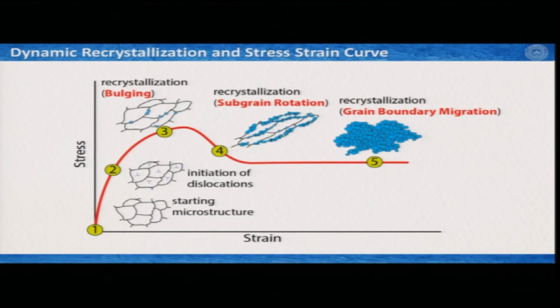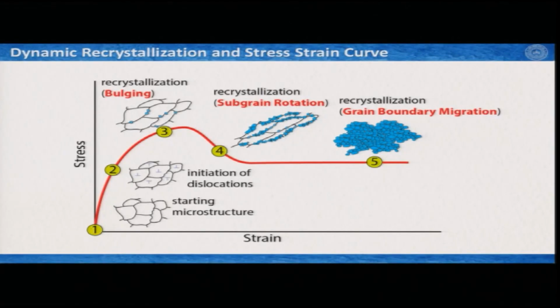With respect to the stress strain curve, we have seen this illustration before. You have your starting microstructure, you start deforming it, you achieve your yield stress somewhere here, where you start moving your dislocations inside the crystal. Then it requires a significant amount of stress hardening, right.